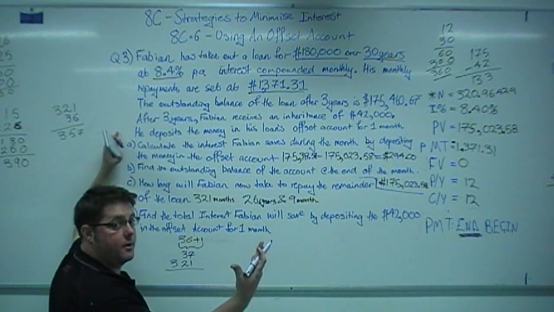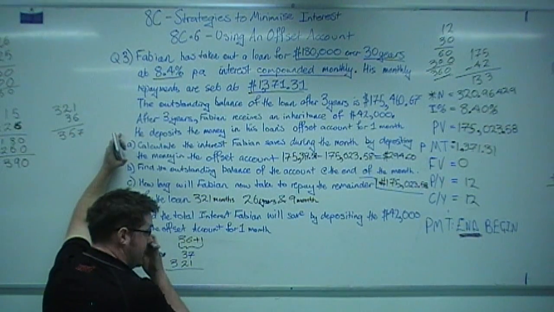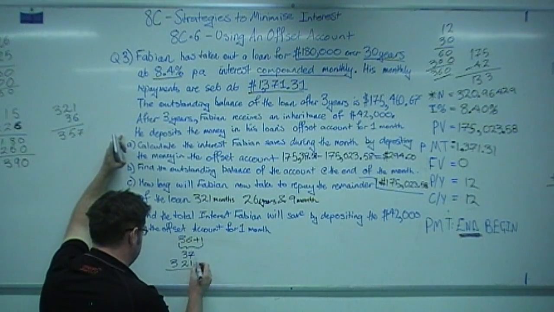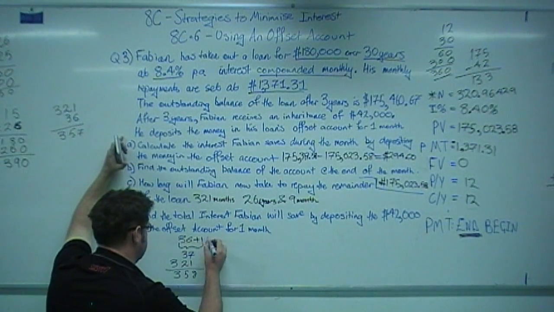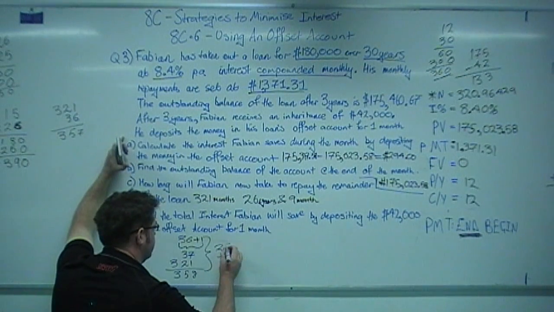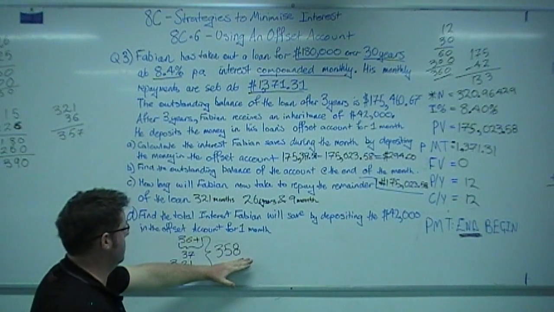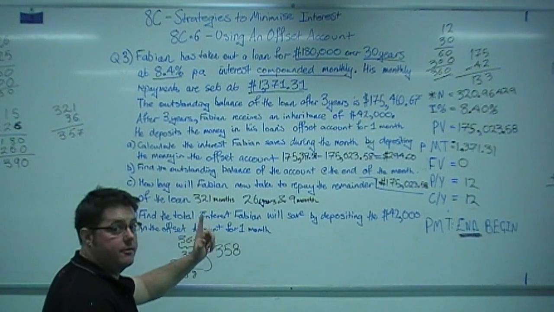That's how much longer we're going to have left for our loan. So the total duration of our original loan with the deposit will be 37 plus 321, which is 358. So I'll just write that over here. So 358 is the total duration in months, allowing for our deposit of 1 month.